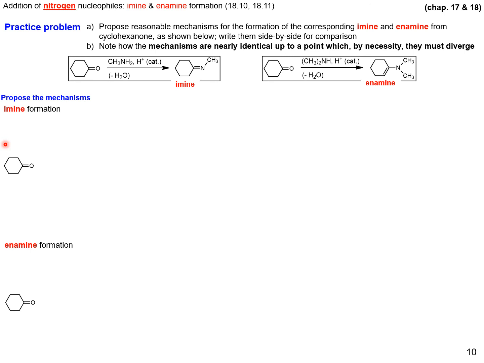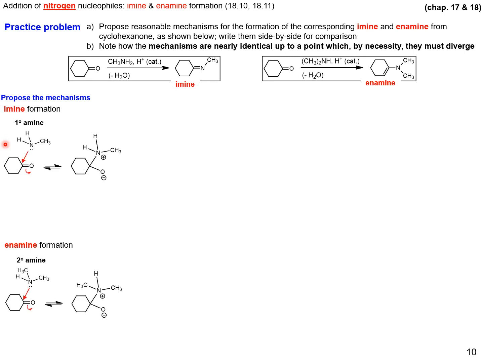Remember, under acidic conditions with a nitrogen nucleophile, the first step will not be protonation of the carbonyl, but nucleophilic attack by the amine on the carbonyl carbon. Once we do that, we can lose a proton off of the nitrogen. Remember, we do not lose the proton at this point. We lose it after we make the carbon-nitrogen bond because nitrogen has a positive charge.